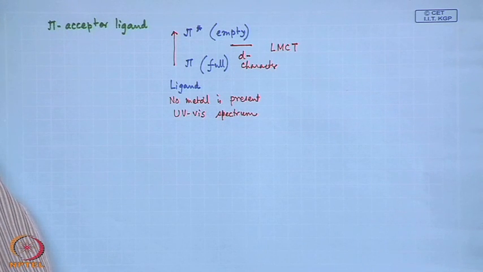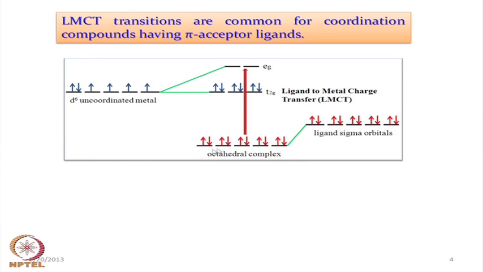So, if we have pi acceptor ligands, then we have the d6 system, which is the free ion system, where we have so many d electrons available on the metal ion. Then we have the ligand sigma orbitals. It can be a pi acceptor ligand, but it can also have sigma orbitals, which are all full.